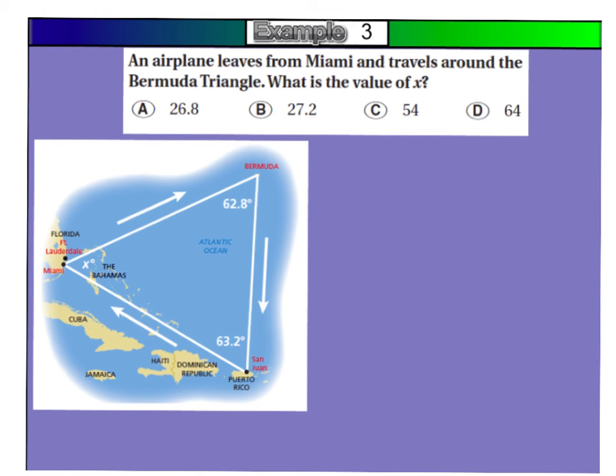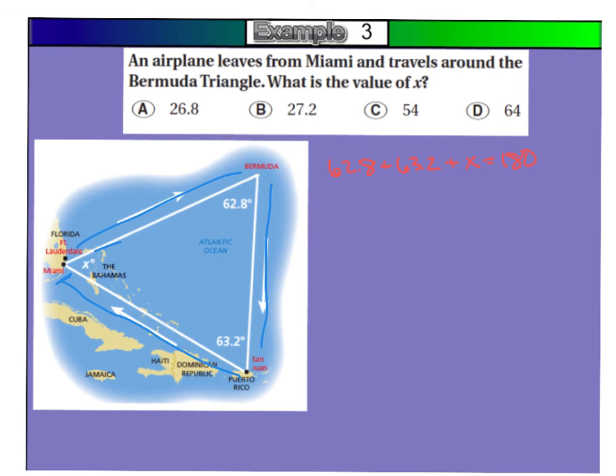Then we have word problems. The airplane leaves from Miami, which is over here, and travels around the Bermuda Triangle. So it goes over here, and then back. So I want to know the value of x. So let's put this all together. 62.8 plus 63.2 plus x is going to give us 180.